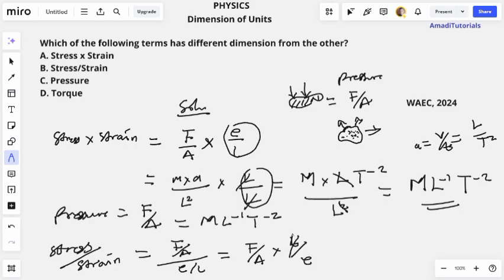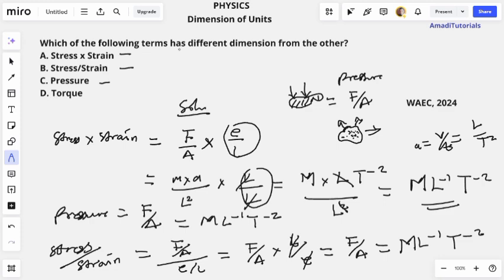The dimensional unit for original length is L, and the dimensional unit for extension is still L. So they will cancel out. So you are still left with what? Force over area, which is the definition of stress or pressure. So it will still have the same dimensional unit there: M L minus 1 T minus 2. So A, B, and C have the same dimensional unit. So without even bothering further, I would say that torque D is the answer.